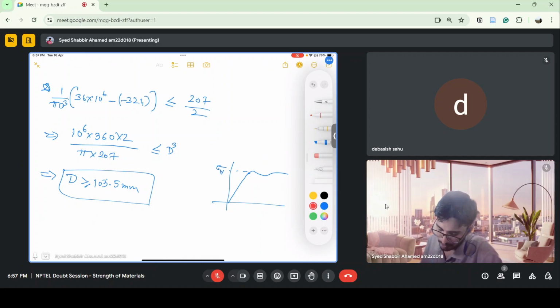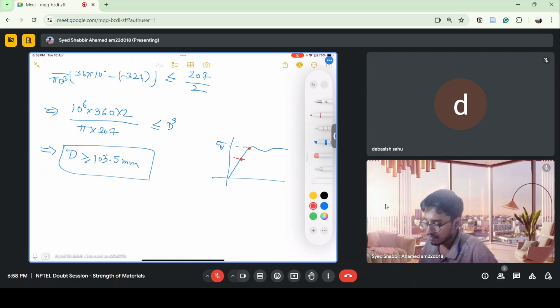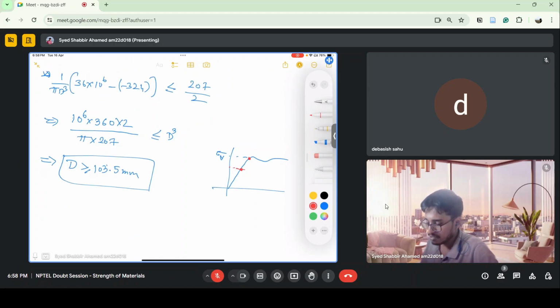By using the factor of safety, we make sure that we go to here only. We don't go beyond this, because there might be other effects which we might not see in the experiments. So that's why, using the factor of safety, we take the maximum allowed stress lesser than the yield stress. So that's why the diameter is 103.5 mm. If I hadn't taken it, then my diameter would be lesser.